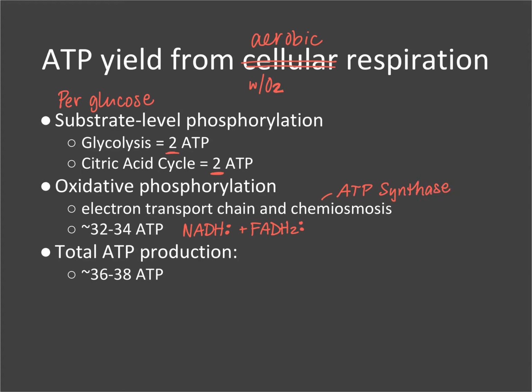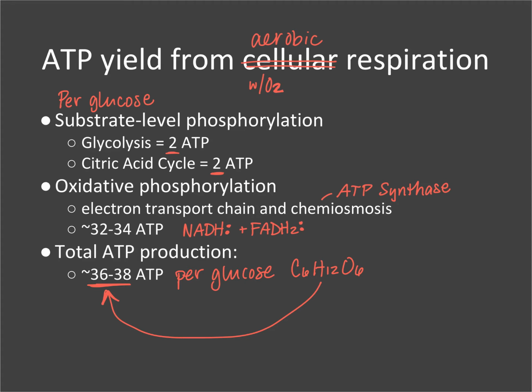So the end result from all of these reactions put together, we end up with about 36 to 38 ATP molecules made per glucose molecule. So one glucose molecule, which is C6H12O6, provides us with a total of about 36 to 38 ATP.